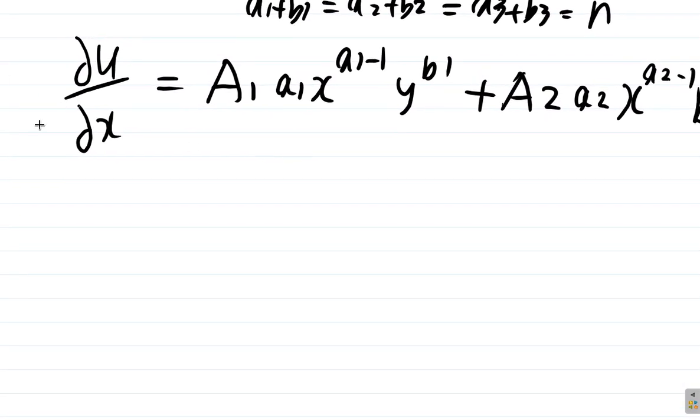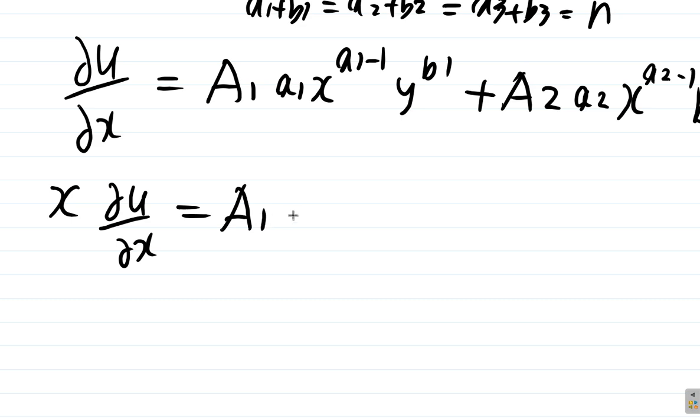So when we multiply by x, we have x times delta u by delta x is equal to, alright, if we do this, capital A1 common a1, x to the a1 minus 1, y to the b1. Then we're going to have an x here.